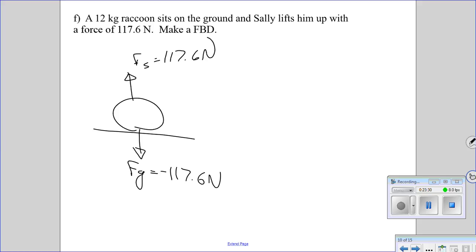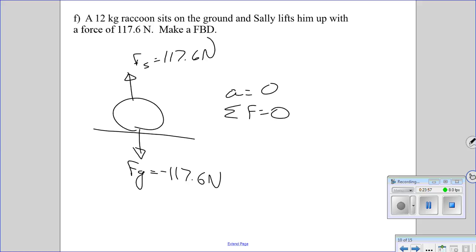So there's no normal force. It's sort of like she pulled the floor out from under it, and we're not lifting it because we don't have enough force to produce acceleration, but we do have enough force to take all the weight off of the floor. So that's all that's going on there. Cool?